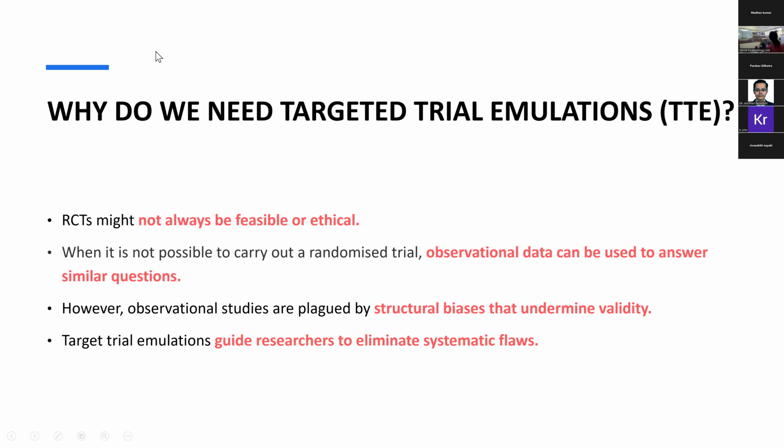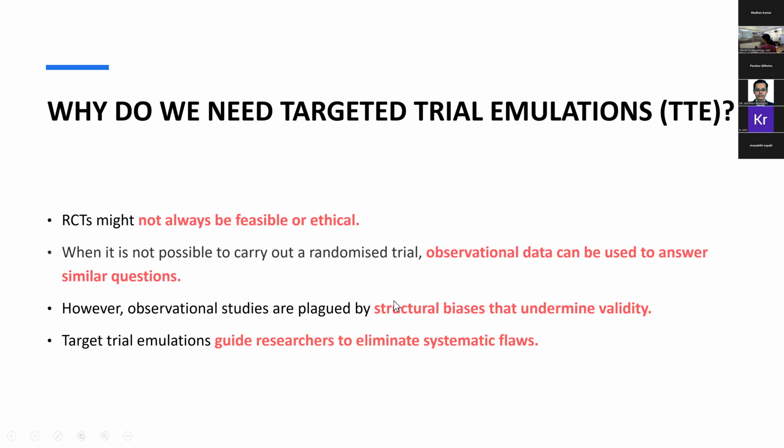But what is this targeted trial emulation? In real life, RCTs are not always feasible or ethical. RCTs are costly, they are long, and for diseases with long follow-up they are sometimes prohibitively difficult. When it is not possible to carry out a randomized trial, observational data can be used to answer similar questions.